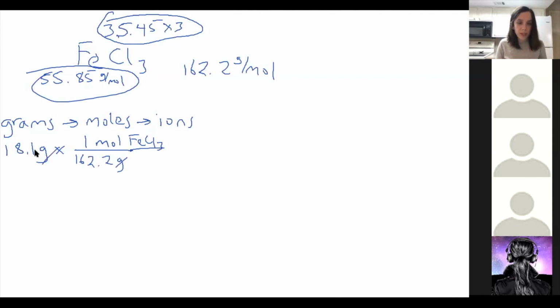So what we do is we take 18.1 divided by 162.2, and we get 0.112 moles of FeCl3.